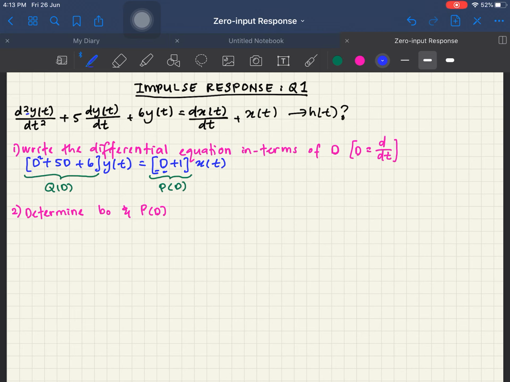However, as discussed in the slides on impulse response, when m is smaller than n, where m is the highest number of derivatives of the input and n is the highest number of derivatives of the output y of t, we have b0 equals 0. Here m is 1 and n is 2, so m is smaller than n. So b0 equals 0, and P(D) is D plus 1.